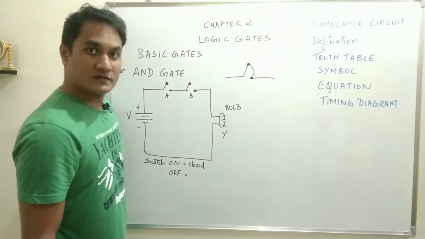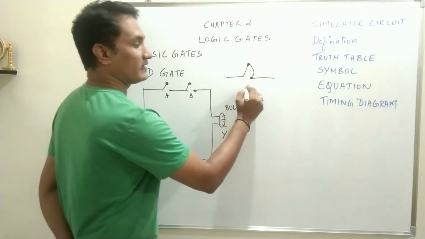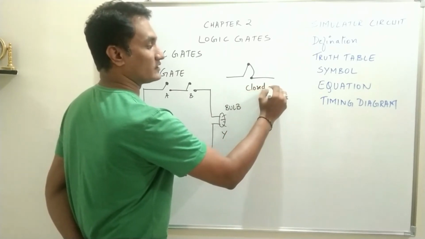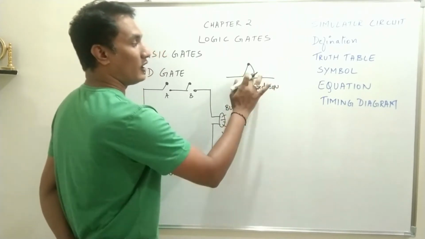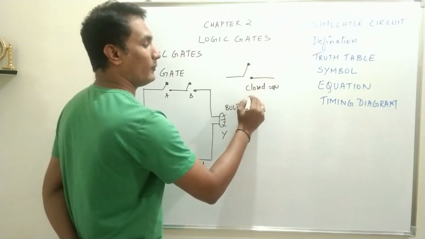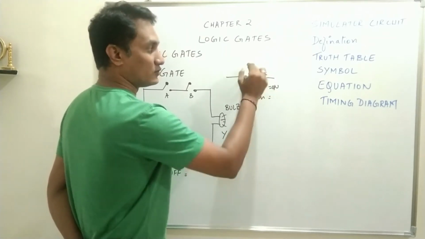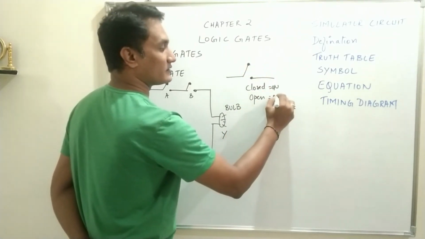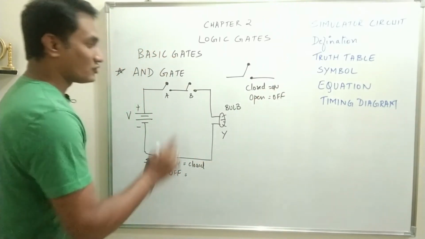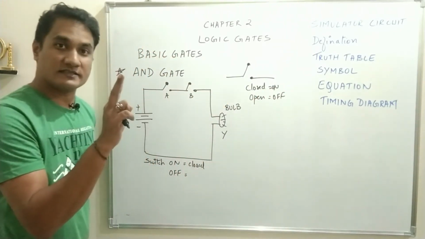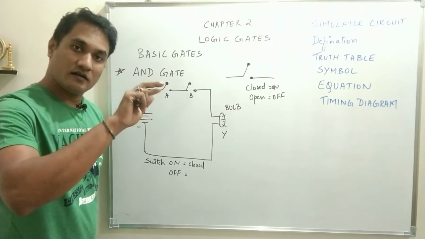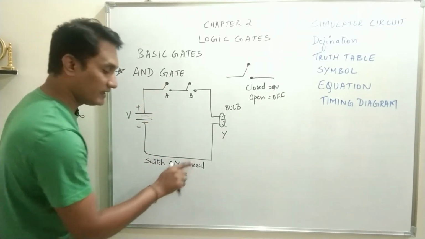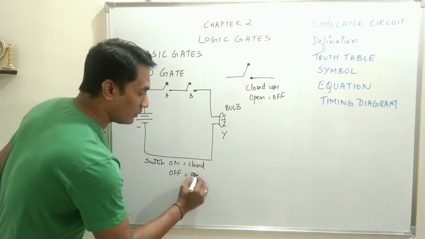If I close these 2 points, we say that the switch is closed. That means it is working in the on condition. And if you keep it open, that means no connection between the 2, that means the switch is off. So a switch will have only 2 conditions, either on or off. We say either closed or open.